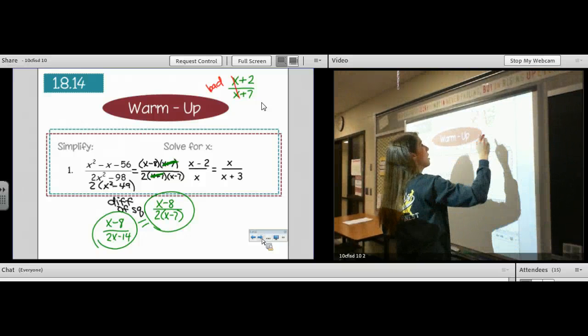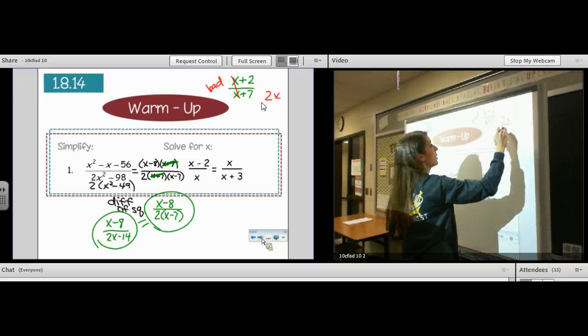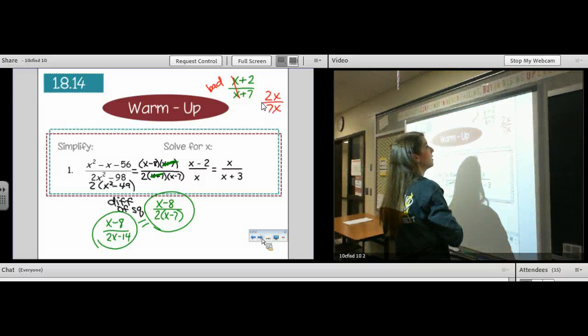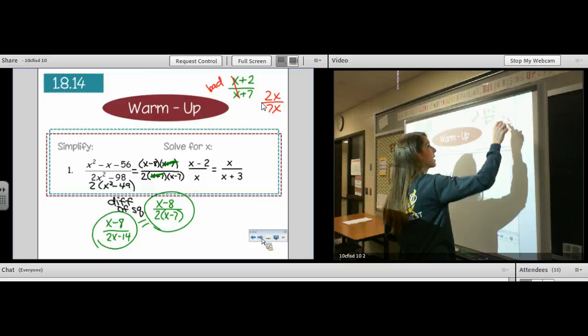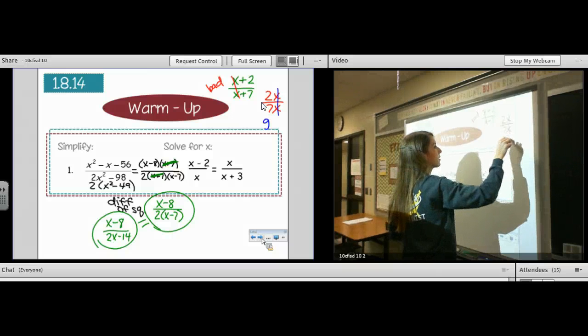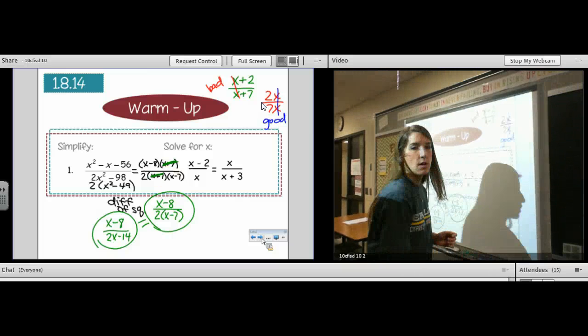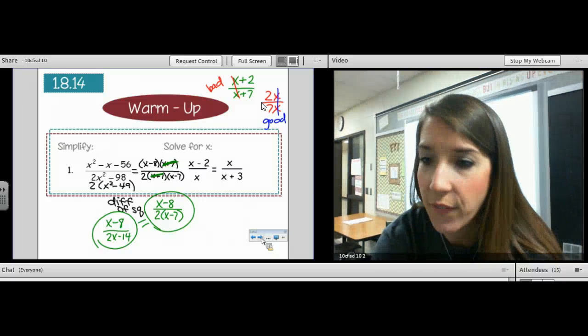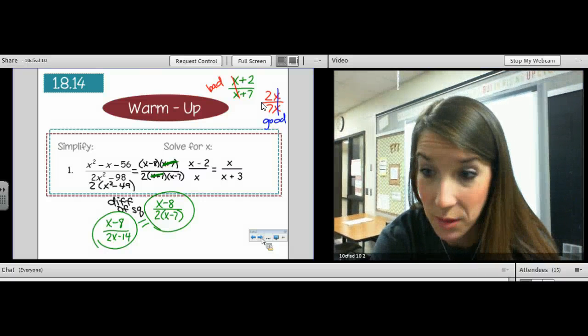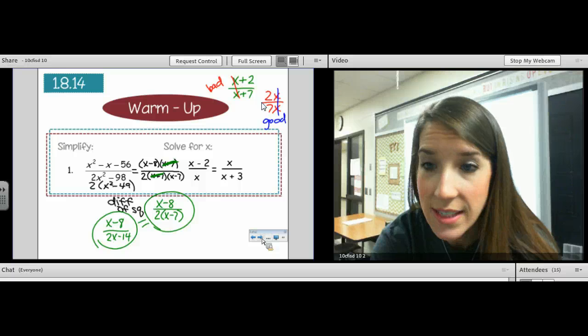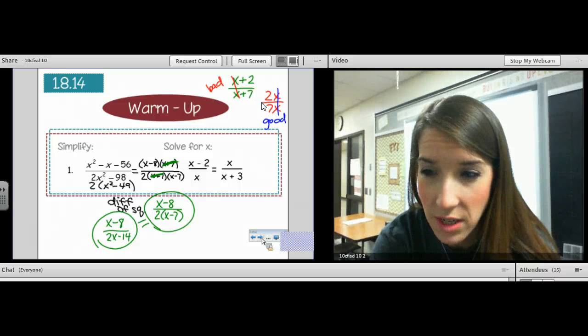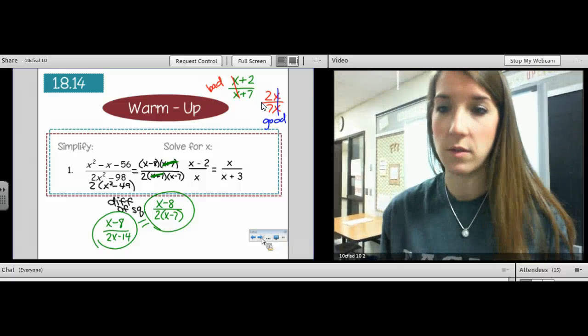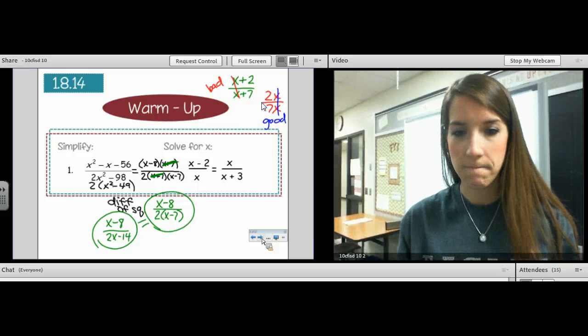Bad. But if it was 2x over 7x, then sure, you can cancel those x's out. Good. Do you see the difference? In that first one, those x's do not cancel because there's plus signs. And the second one, that is multiplication, and so those x's do cancel. So that's the difference.